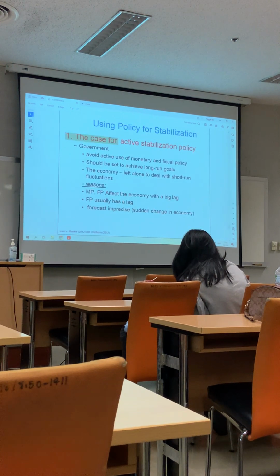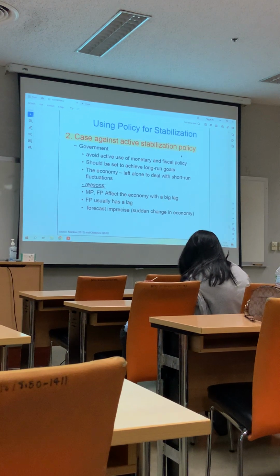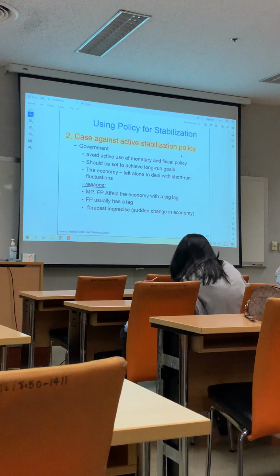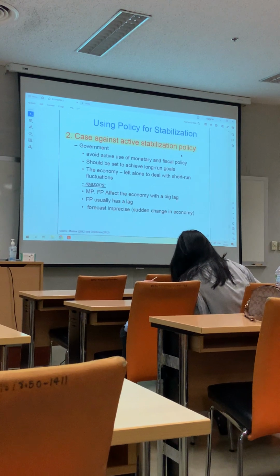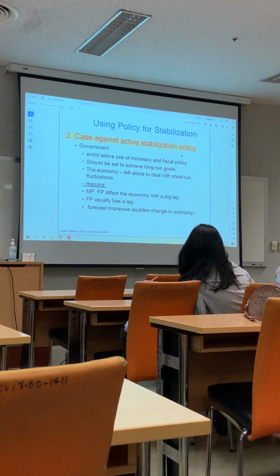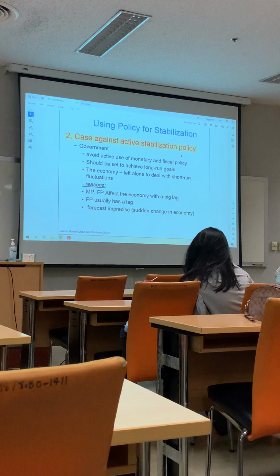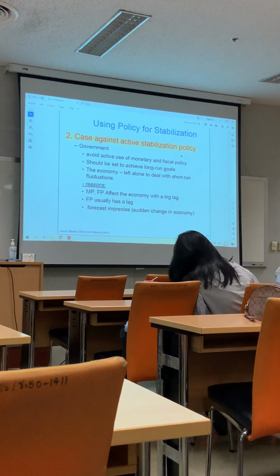The second group is against active stabilization policy. This group does not agree to use any policy to stabilize the economy. They just say that if anything happens in my economy, just let it go. You don't need to use any policy to stabilize. So this is the second group opinion.